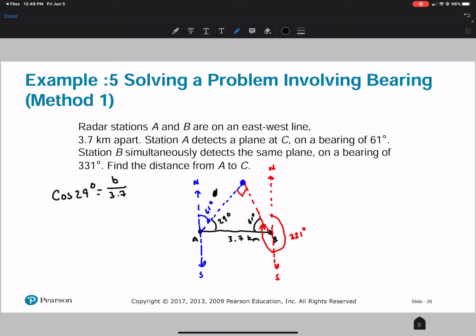So remember, opposite, this is B, and this is your C, and this is your A. So basically, B is equal to 3.7 times the cosine of 29 degrees. So B is just equal to roughly 3.2 kilometers. And that's what we were trying to find.